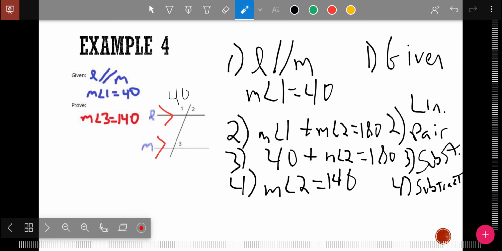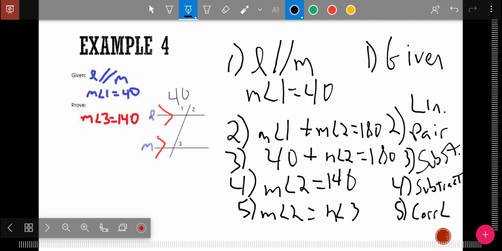Now, if this is 140, these lines are parallel, corresponding angles are congruent. And so I know that the measure of angle 2 equals the measure of angle 3, because they're corresponding angles.